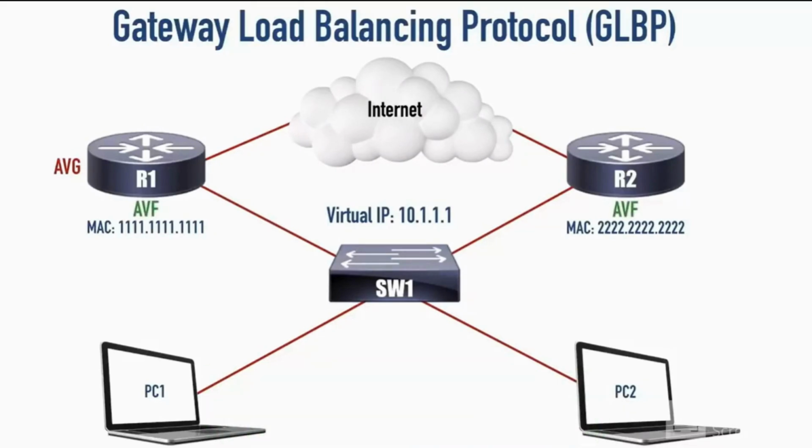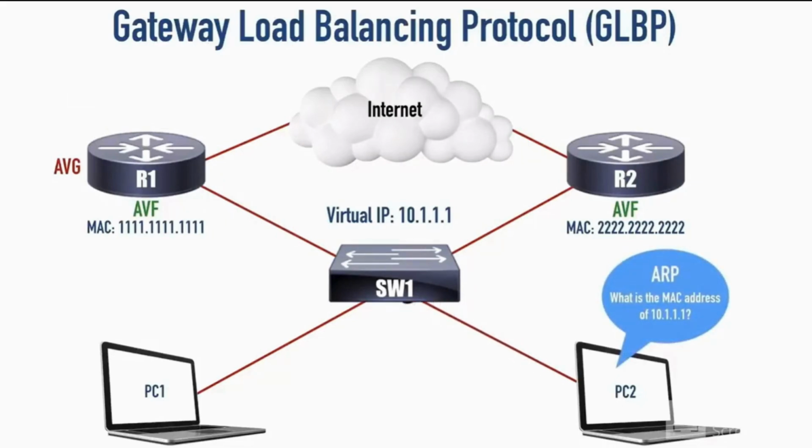Now let's go through an example. Let's say that PC1 wants to get out to the internet, so it's going to send an ARP broadcast up to R1, our AVG, our active virtual gateway, and say, hey, can you tell me the MAC address for 10.1.1.1? R1 gets that, and then it's going to respond by saying, yeah, the MAC address is the all 1's MAC address. PC2 is now going to ask the same question of our AVG.